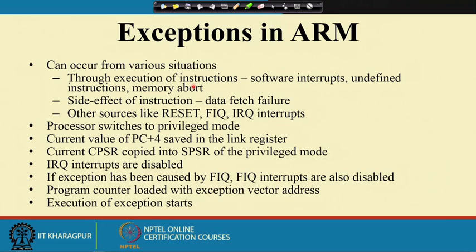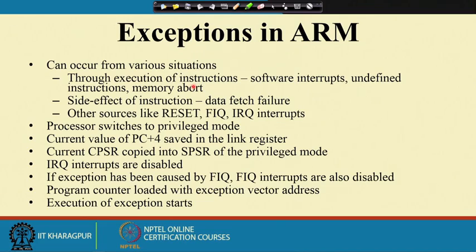The current value of PC plus 4 will be saved in the link register. Current value of PC plus 4 is the next instruction, since every instruction is 4 bytes long. So, the next instruction address will be saved in the link register. Then the CPSR value will be copied into the SPSR of that privileged mode. There are several SPSR registers, one for each mode of operation.